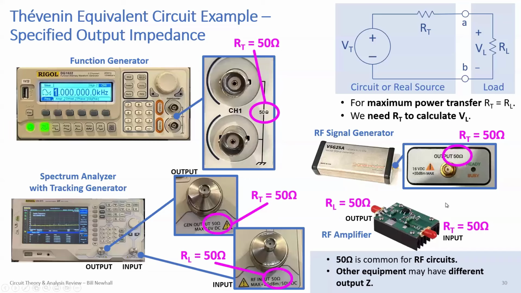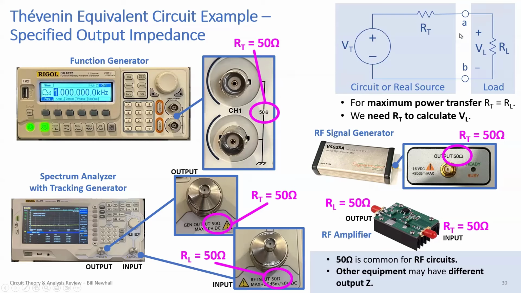And so one takeaway that I want you to have from this is you see these signal sources, this function generator that you have in lab, for example, and you think, oh, I'm going to set 1 volt peak to peak, and no matter what I connect to that signal source, I'm going to get 1 volt peak to peak.